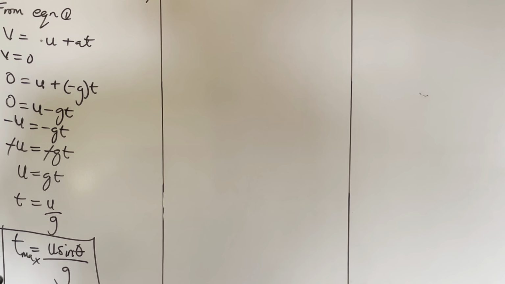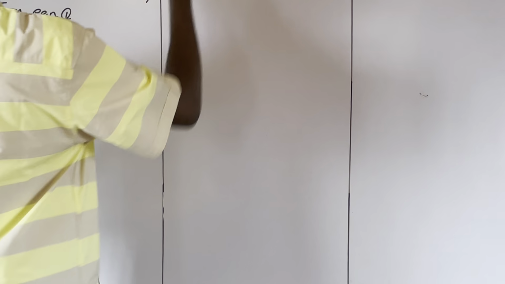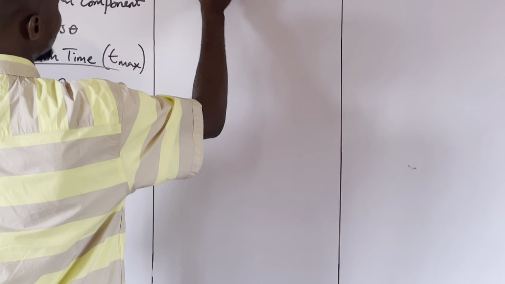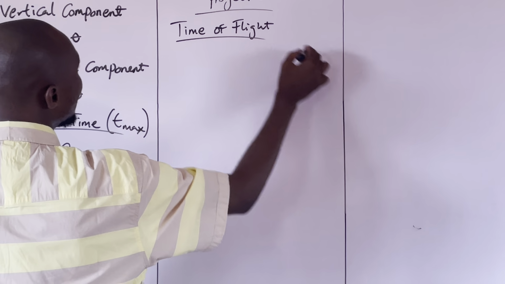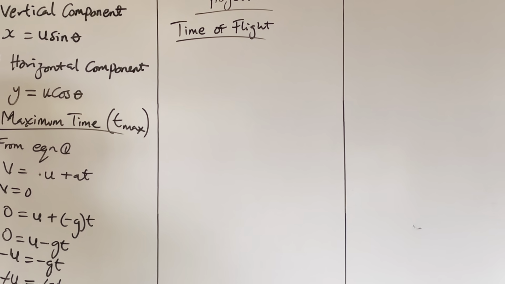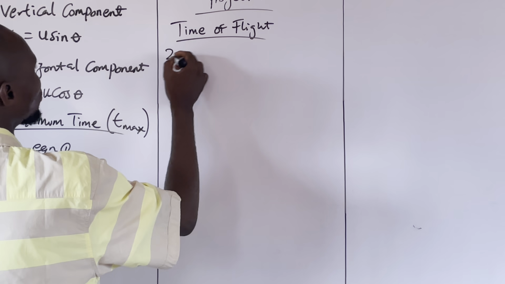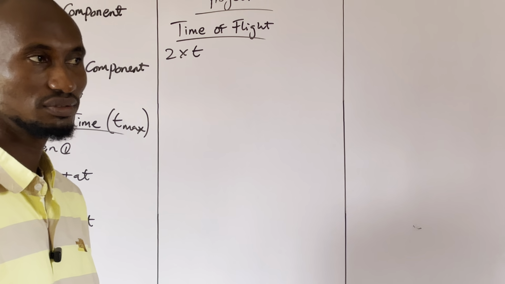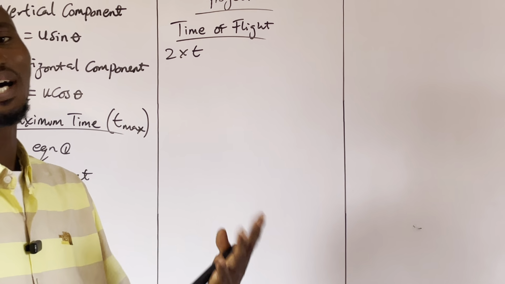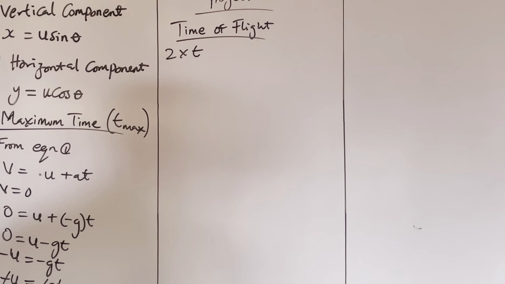The next one is time of flight. How do we get time of flight? Time of flight simply means 2 times t, that is twice the maximum time, the time it took an object to ascend to a height.